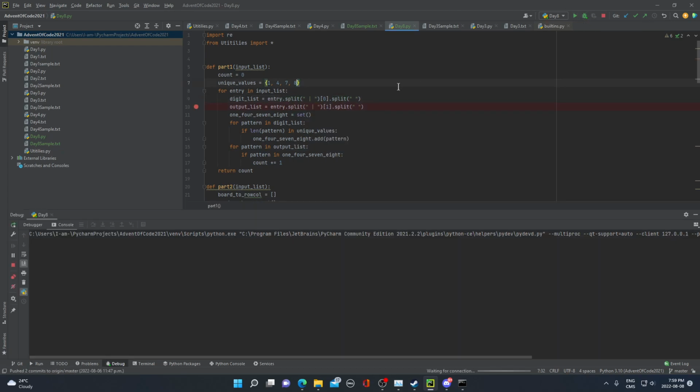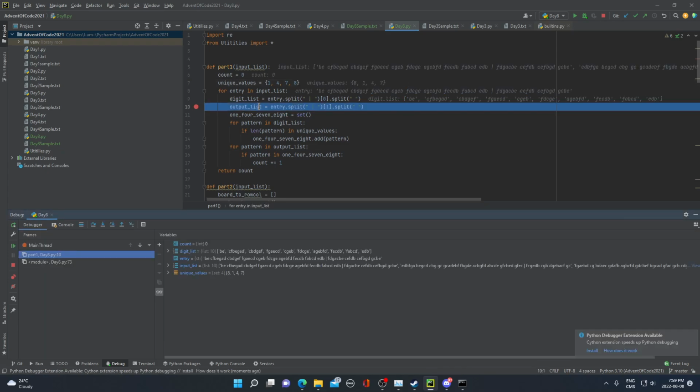Let's go through the debugger. Okay, digit list is correct. You can split it like that.